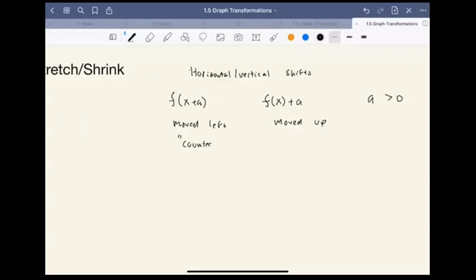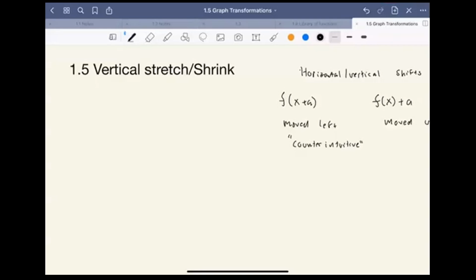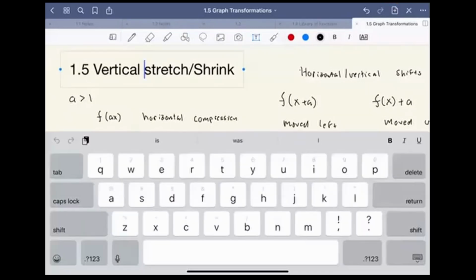I mean, maybe it's not counterintuitive, but you need to think about it a little bit. So the same sort of thing is going to happen with stretch and shrink. So let's take a to be bigger than 1 first. So f of ax is going to be a horizontal compression. Actually, I should change the title of this to vertical and horizontal.